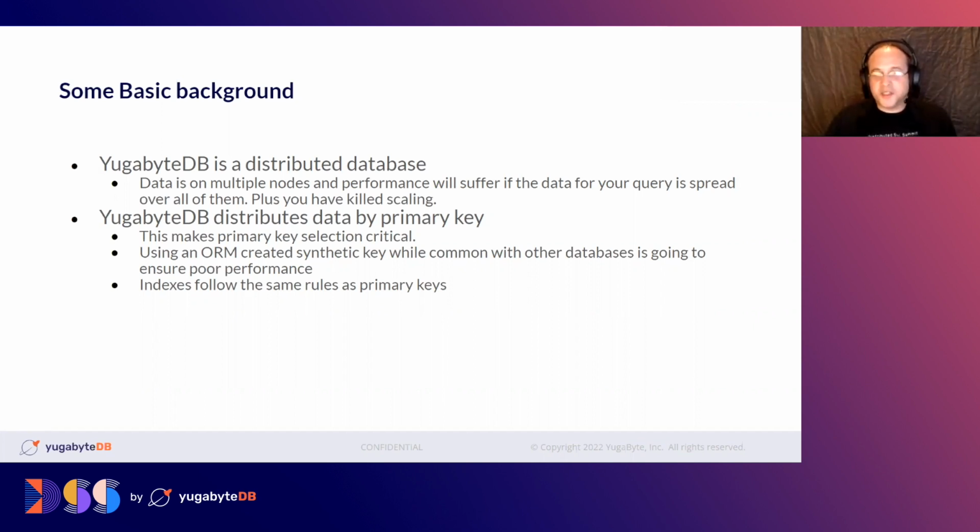In order to facilitate distributing your data, every table has a primary key. That doesn't necessarily mean that it is unique, but it at least tells Yugabyte for each row in the table, there's one and only one place in the cluster that can be the primary copy of that row at any given point in time.